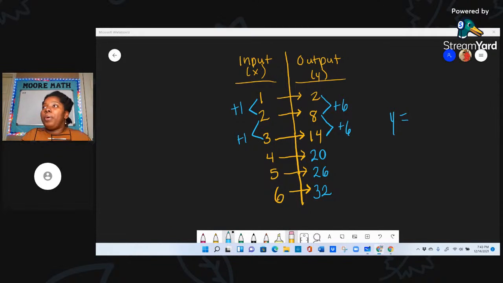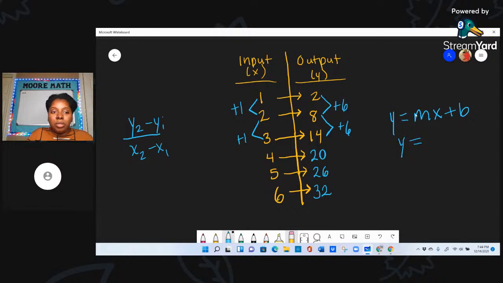Remember with slope where it's y equals mx plus b? Yeah. Did you ever learn this method where you take the 2 y's, subtract them, and take the 2 x's and subtract them to get the slope? I don't think so.